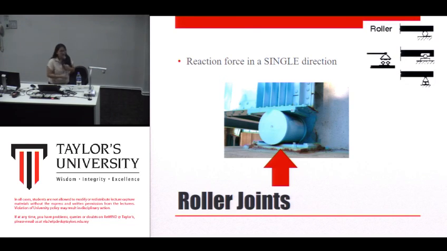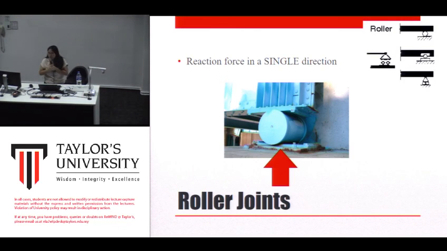Okay? However, you look at this support, does it allow the structure to move up and down? No, basically it's bolted down. You look at this image, there is a bolt screwing the support down, so it holds it in place. This structure can move left and right, yes, but it cannot move up and down. When it cannot move up and down, there is something to tie it back, so there must be a reaction force.